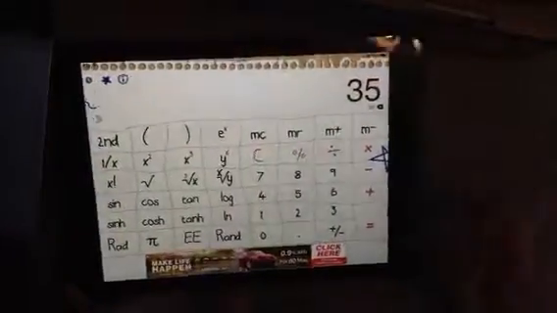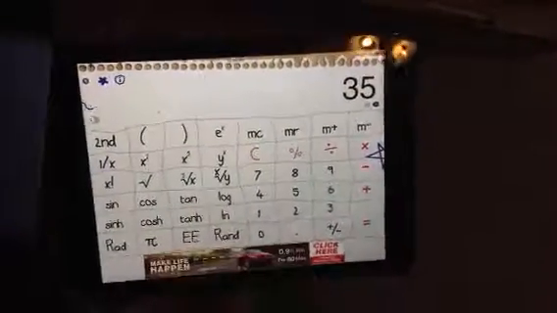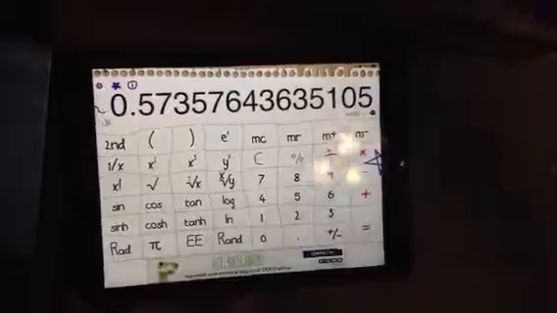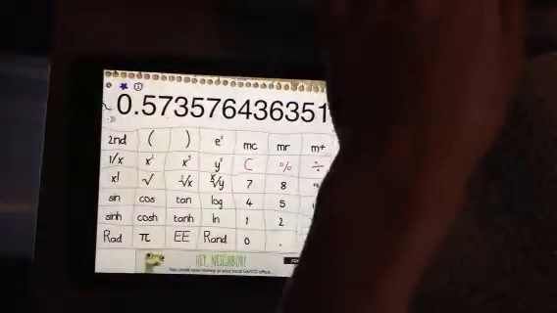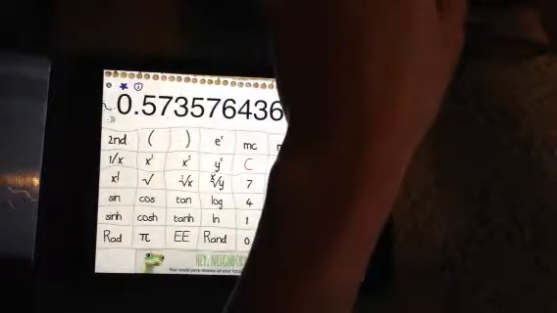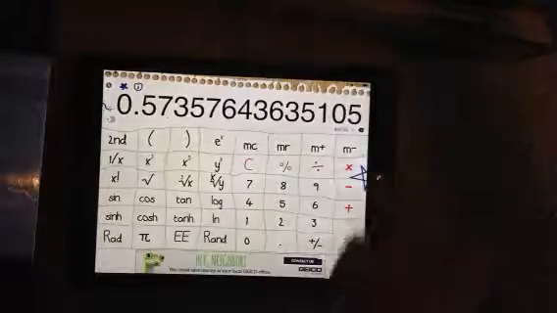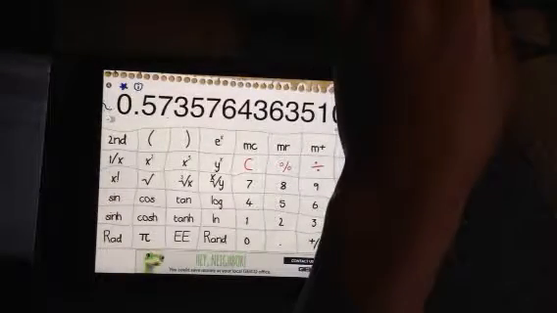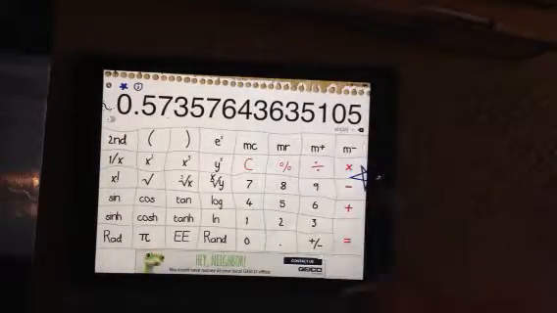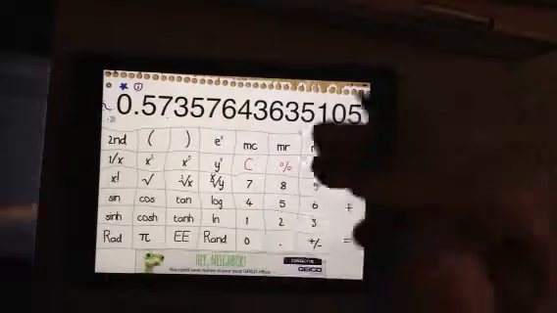I'm going to prove that to you right now. Sine of 35 equals 0.5735. That's the sine for 35.